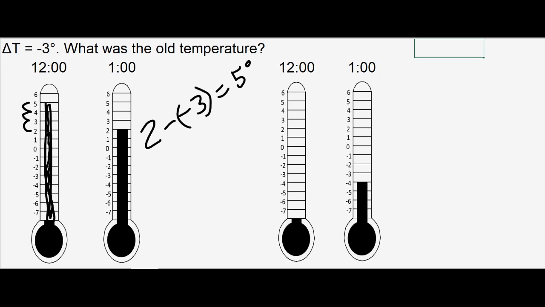That's where we get the idea of what I often hear called "keep change", though I don't like it. So subtracting a -3, we change it to adding a +3, and we get 5 degrees.